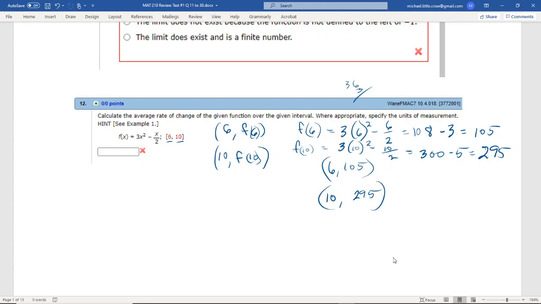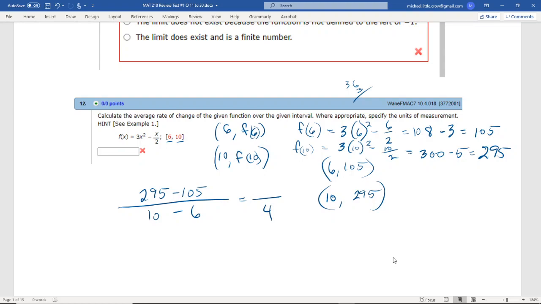We use the slope formula, average rate of change, that's all it is. So we go 295 minus 105, y2 minus y1. And then we do x2 minus x1, 10 minus 6. So we get 4.